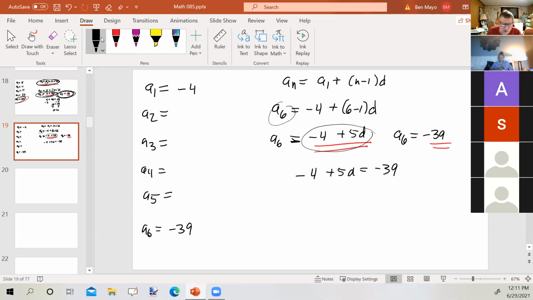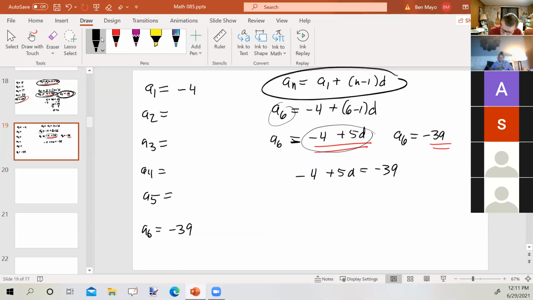Because we're not trying to find a sub 6. We know what it is. We're trying to find d. And by using this formula, when we use a sub 6, we can put everything in there except d, but then we've got this equals that, which leads to the equation. Can you wrap your head around that?